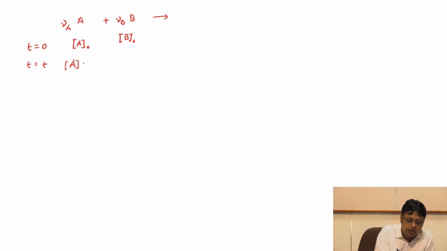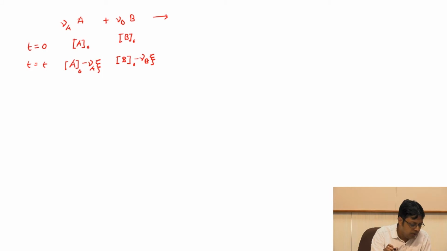So the amount reduced for a will be minus nu a into xi. Amount reduced for b, because both are reactants, remember, will be minus nu b into xi, because that will be proportional to the stoichiometric number.